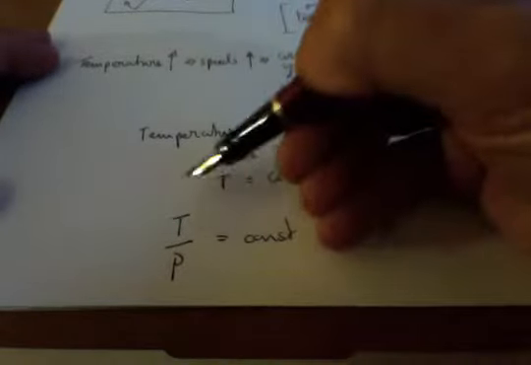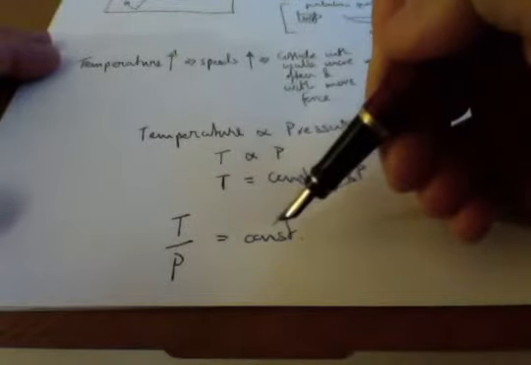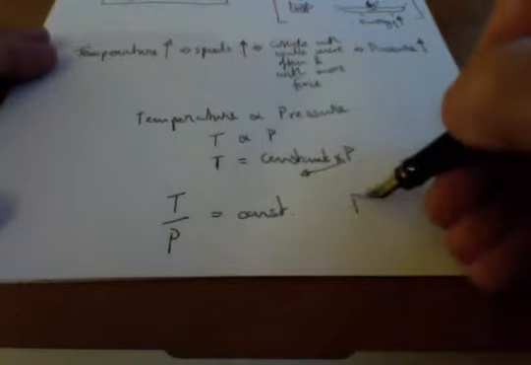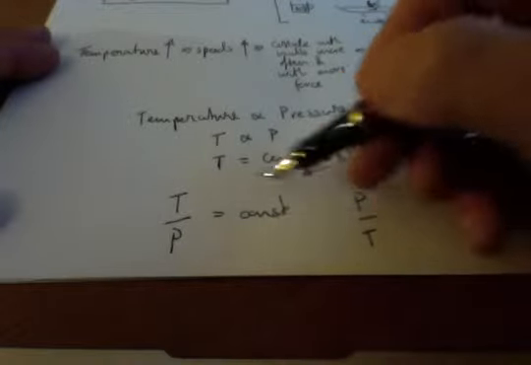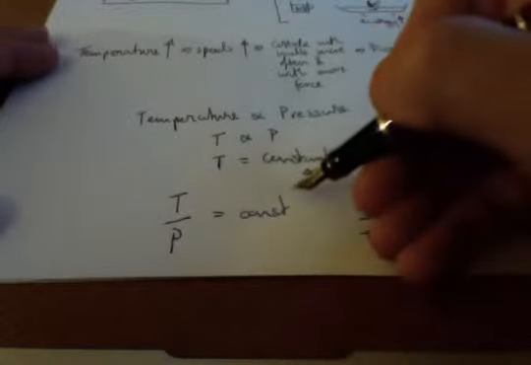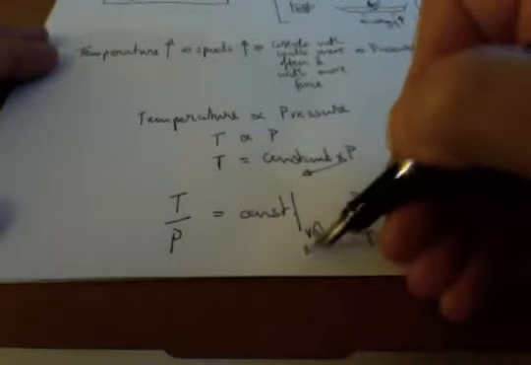Now that is the idea behind the pressure law. The temperature divided by the pressure is equal to a constant. Or, if you prefer, we could write it as the pressure divided by the temperature is equal to a constant. We're not too worried about what the constant is, but we know it's going to be constant so long as the one proviso is the volume is the same. And we'll come back to the volume later.